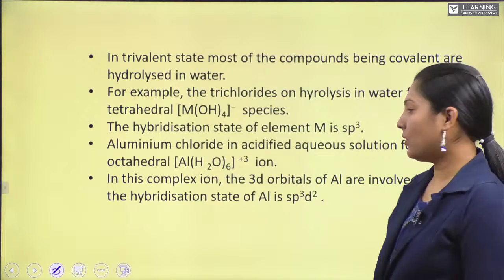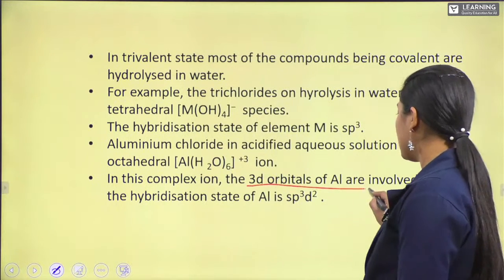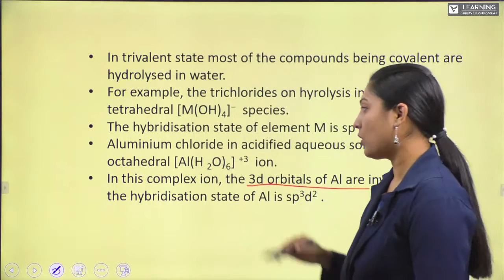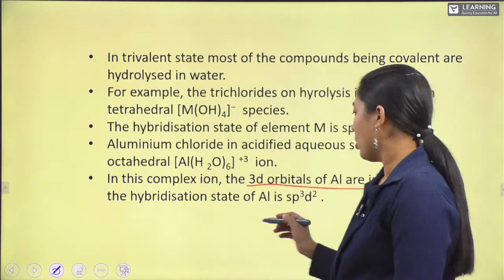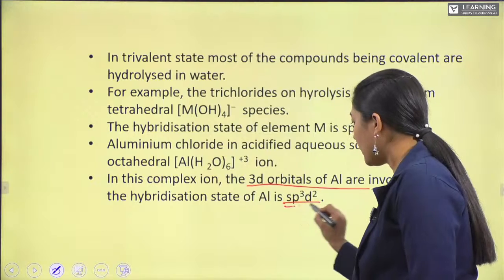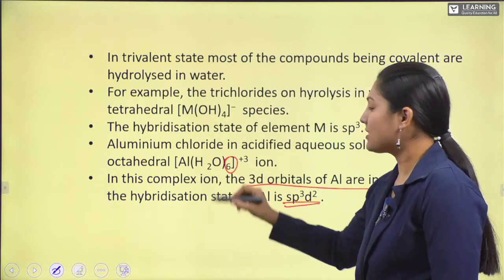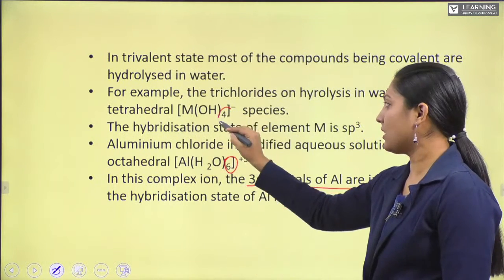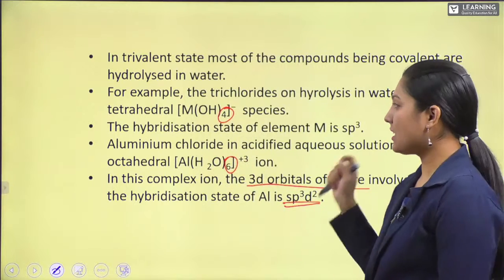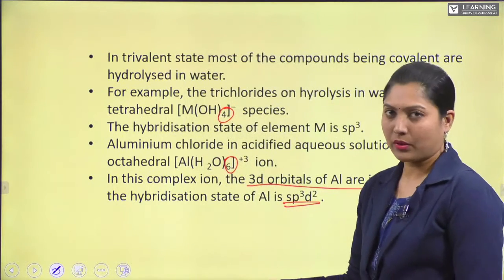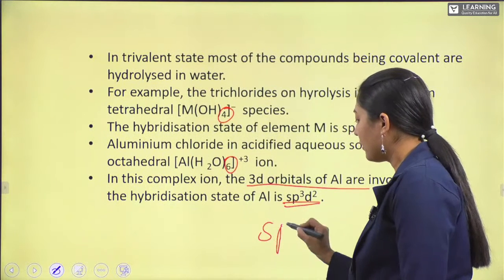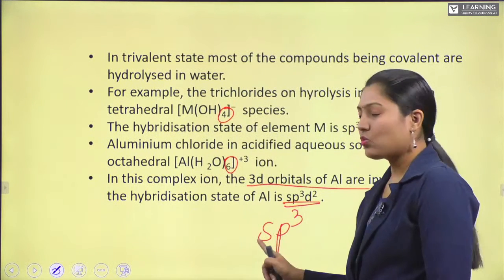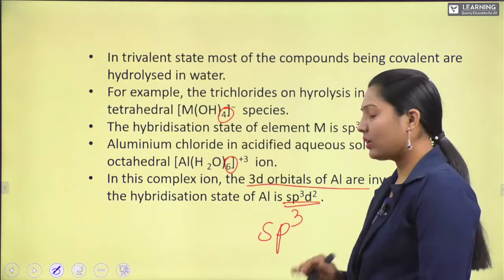In this complex ion, the 3d orbitals of aluminium are involved. This is the point which we discussed in the previous class. As we say, here 6 ligands are there, here 4 ligands are there. Ligands are those which donate the lone pair of electrons. So here we have sp3. S will have only 1 orbital, P will have only 3 orbitals.